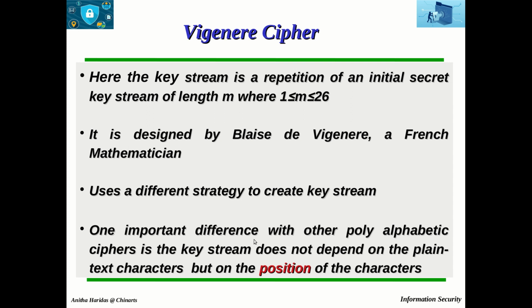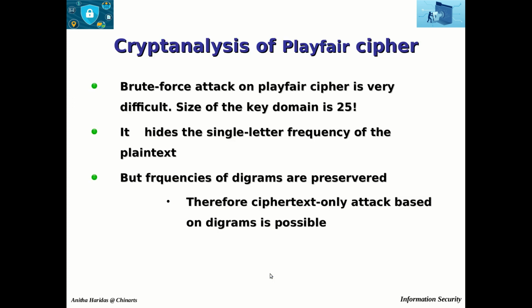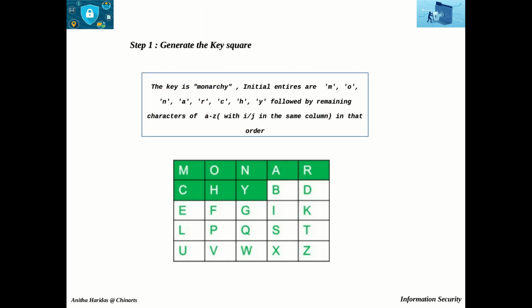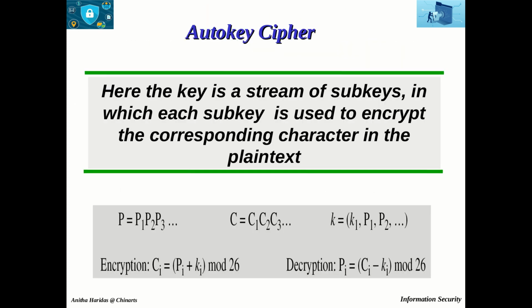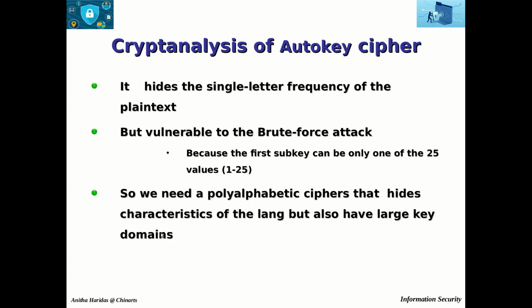Now, one of the important differences with other polyalphabetic ciphers is the key stream does not depend on the plain text characters but on the position of the characters. If you observe, the AutoKey cipher depends on the plain text characters, right? The key stream depends on the plain text characters in the AutoKey cipher.